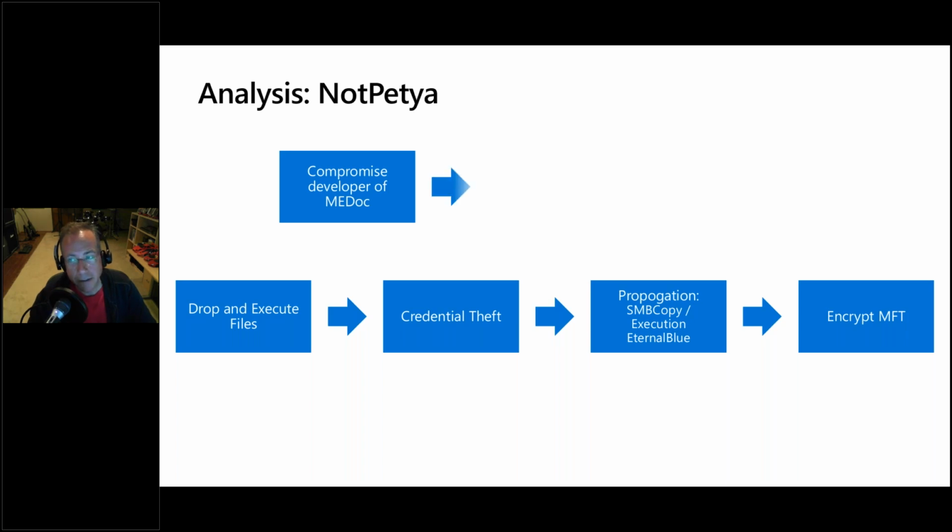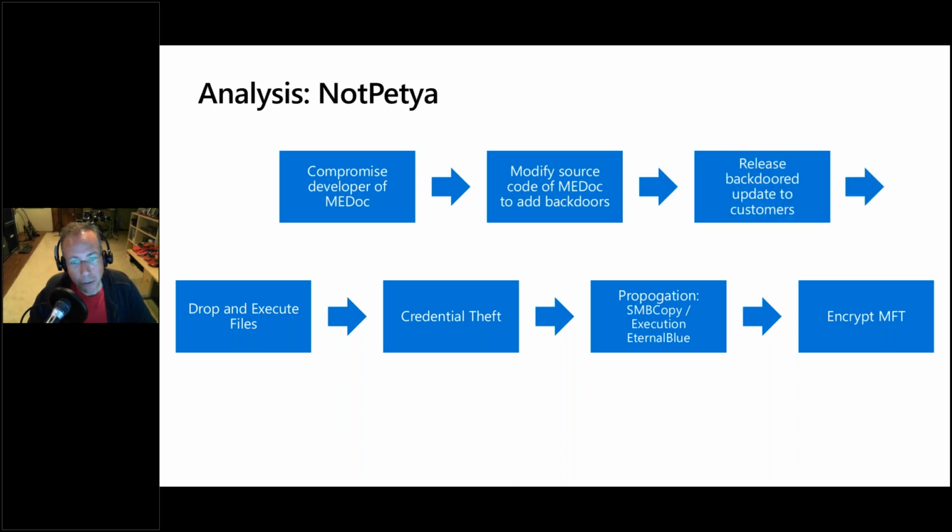They hit a dev and they put some of their code into this software, and they released a backdoor update to their customers. So they basically relied on people taking an update to compromise it, but they didn't protect this software supply chain. And this was something that we've seen played out a number of times.